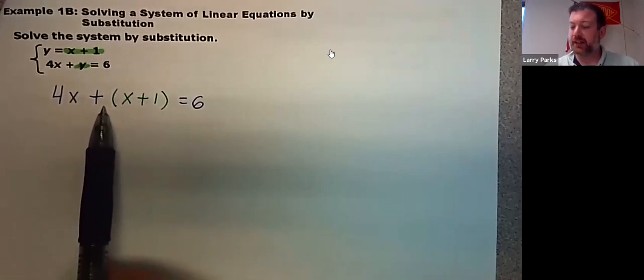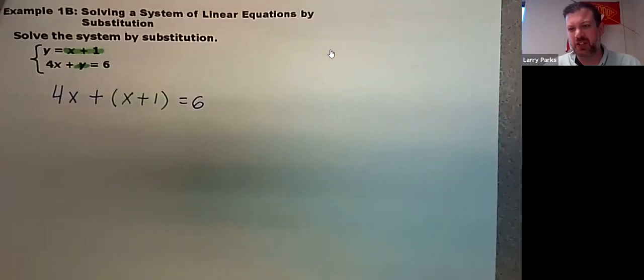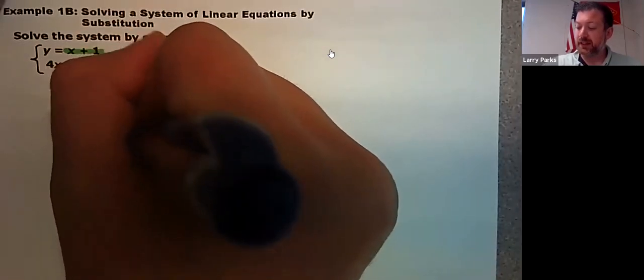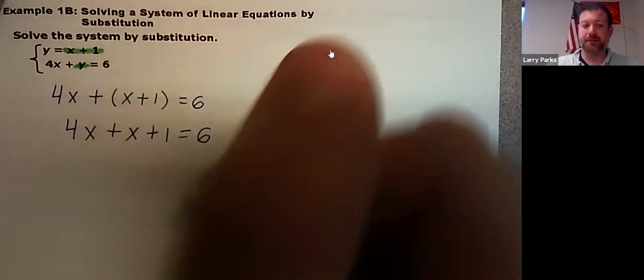Now here, usually there's a number out front and you would distribute. There isn't a number to distribute. I guess you could think of it as 1. But what we can do is just drop the parentheses because multiplying by 1 doesn't do anything. So now I get 4x plus x plus 1 is 6.